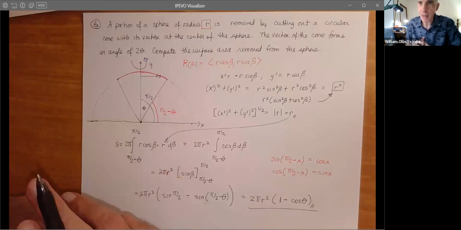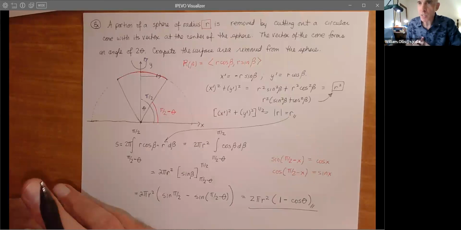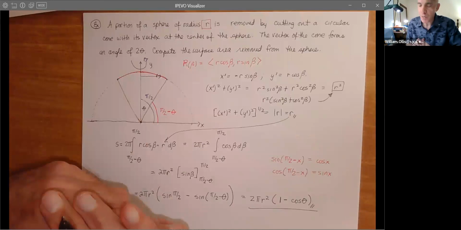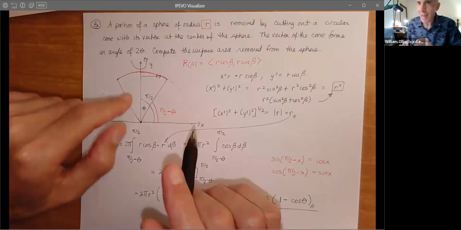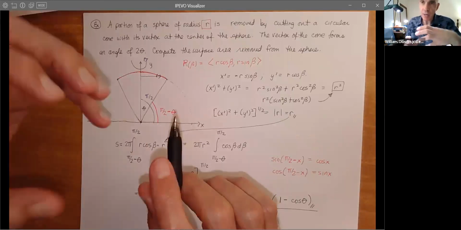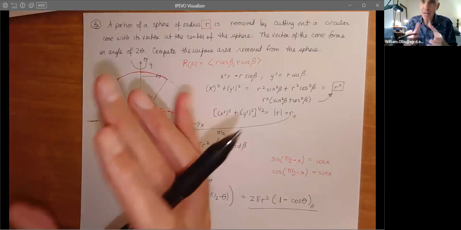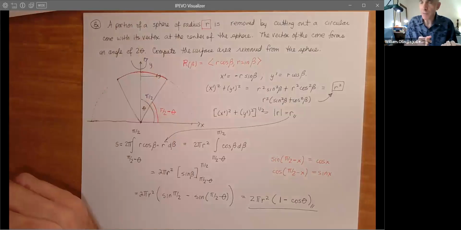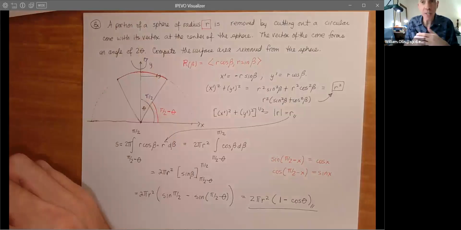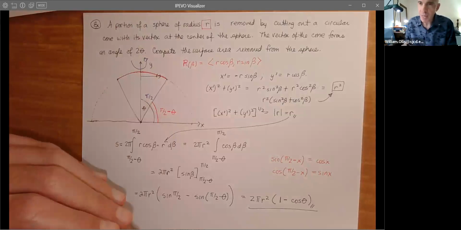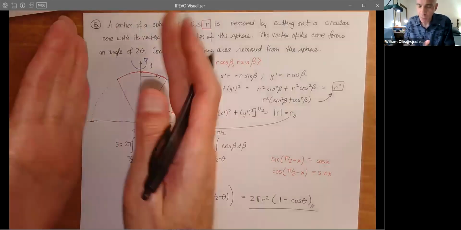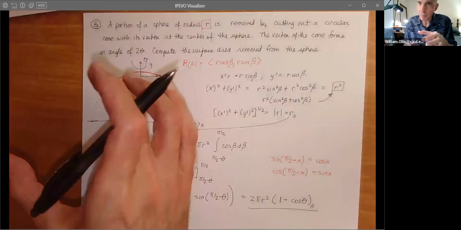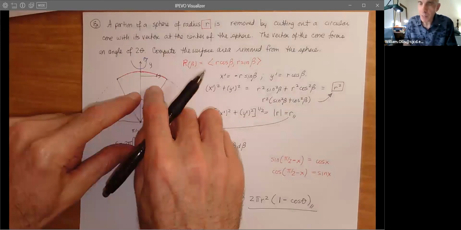I was looking through the WebAssign because when you just work with a sphere, that's not really very challenging. We do a lot with spheres, but what made this problem interesting is it reminded me of when we made a ring and then used the Chapter 7 techniques to figure out the volume of the ring. That was a very non-trivial problem. And this one kind of reminded me of that, but instead of removing the cylindrical type object, we're removing this.